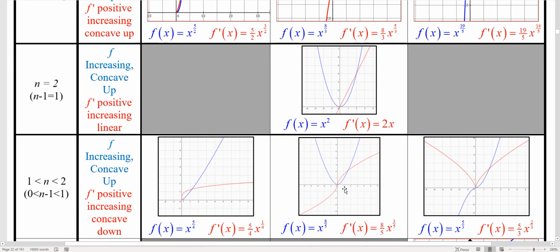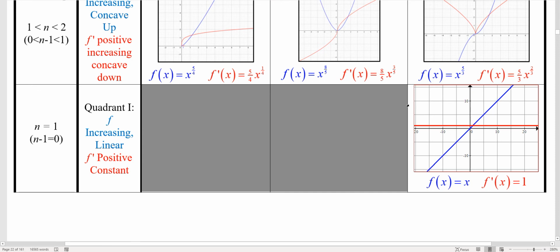We could continue to have some that are concave up in the first quadrant, but the derivative is concave down. We see that when the power n is between 1 and 2, then its derivative power, n minus 1, will be between 0 and 1. Here are some examples of that, where the original was concave up in the first quadrant and increasing, whereas the derivative was concave down and increasing.